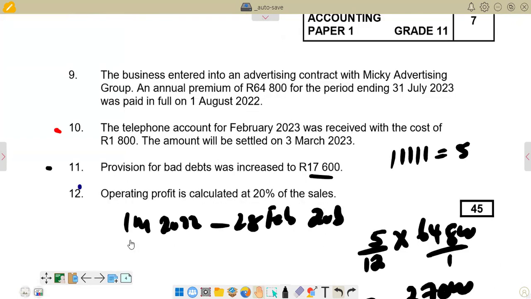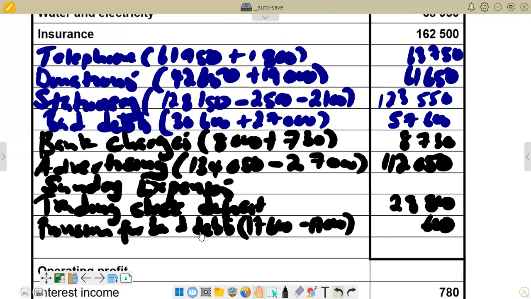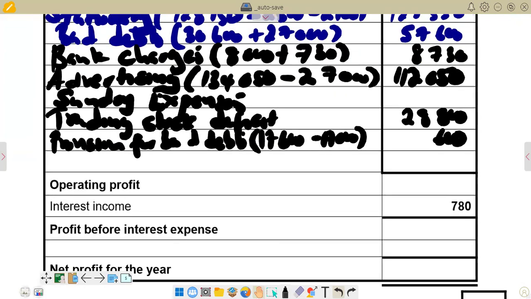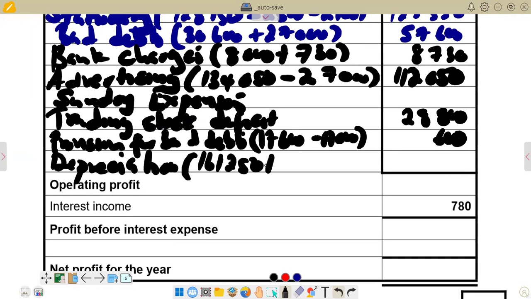So here we are saying depreciation, in brackets, 161,250. Then we get the other part, which is 33,040. And the total that we are going to get is 194,290.